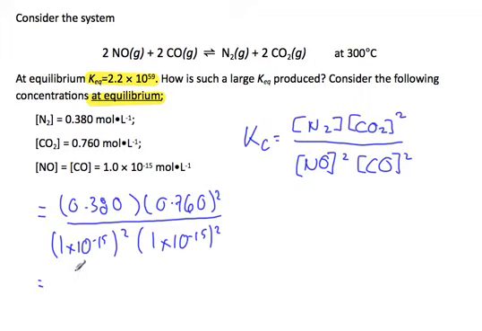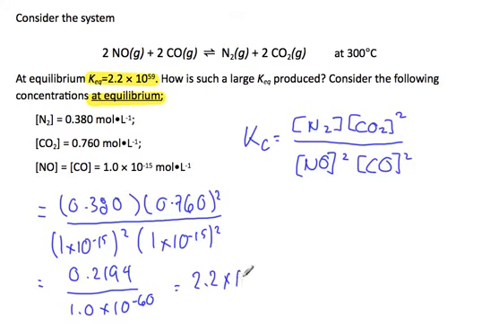So when we solve that, we get 0.2194 divided by 1.0 times 10 to the minus 60. And solving for that, we get 2.2 times 10 to the positive 59. So we do get that huge value. So just showing you, it can be solved mathematically, and you get this really big value.